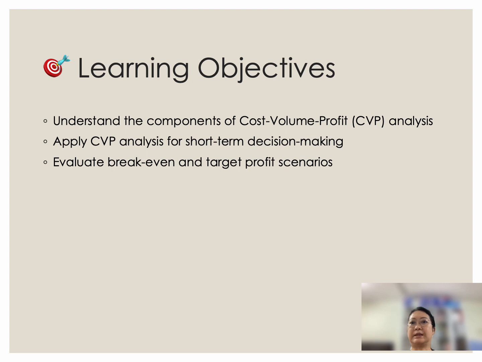Today, you will learn how to understand the components of cost volume profit analysis, use CVP for short-term business decisions, and evaluate scenarios such as break-even points and target profits.